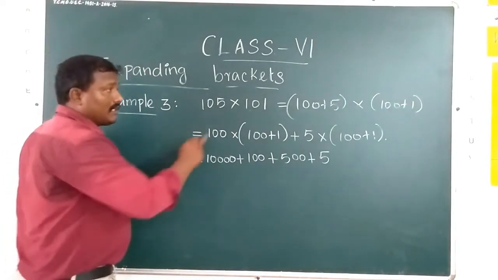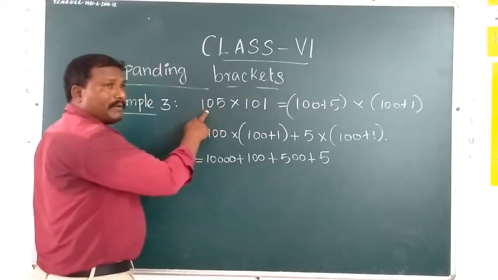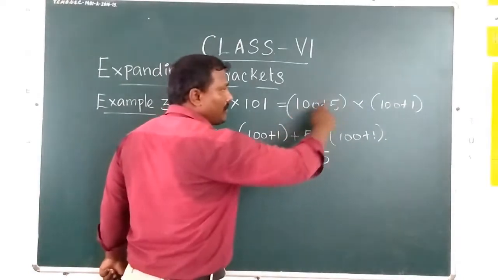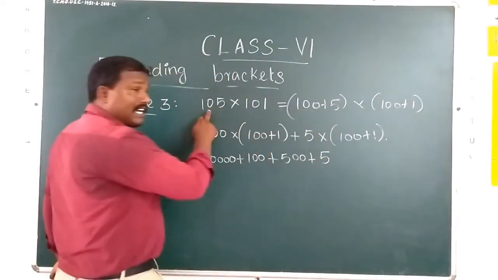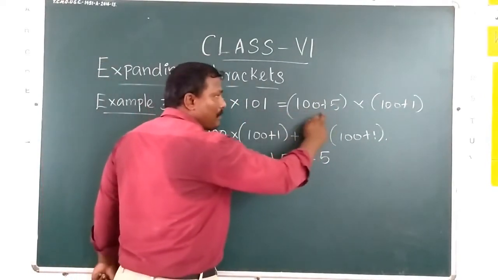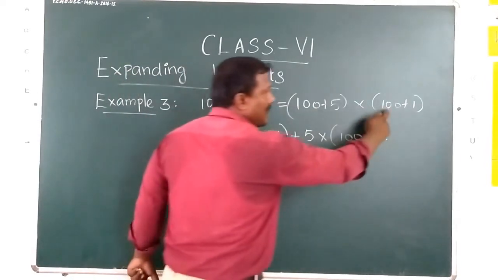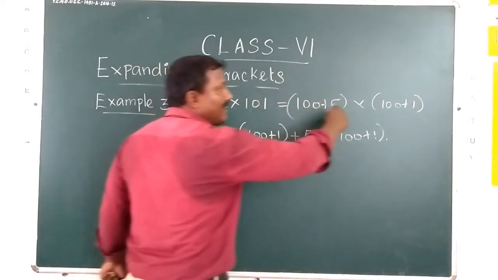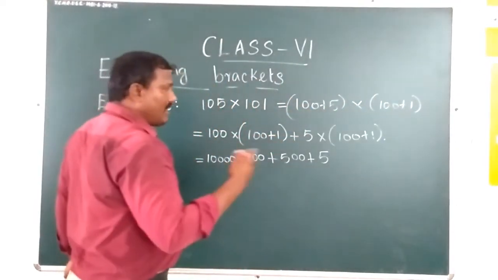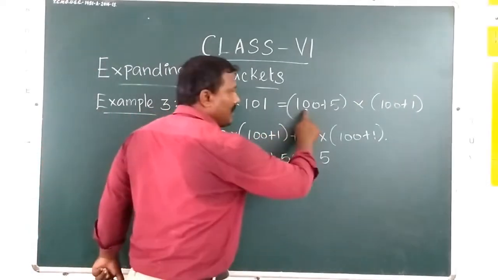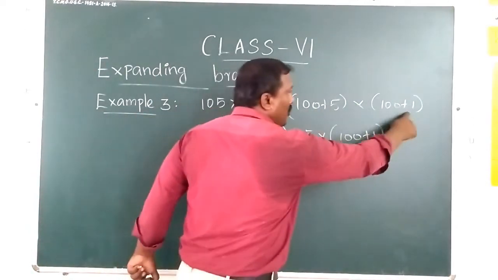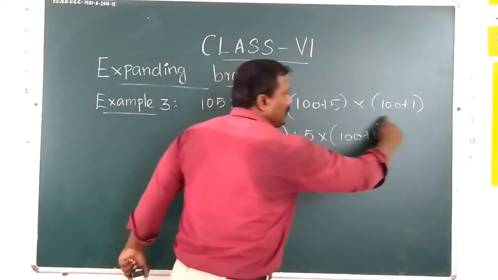So first we have the number. I expanded using brackets. 105 I wrote as 100 plus 5, then 101 as 100 plus 1. Then after that I multiply the first number to this whole number, then the second number to this whole number.